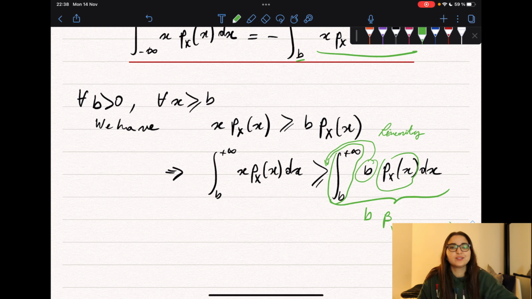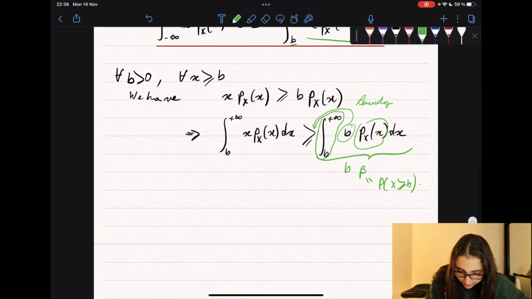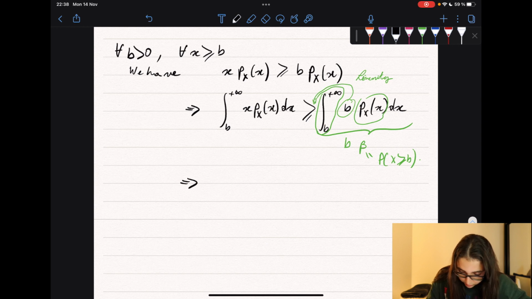This is just a small reminder. So let's just rewrite this inequality right here.